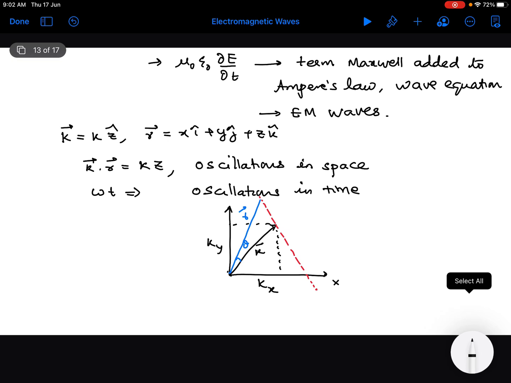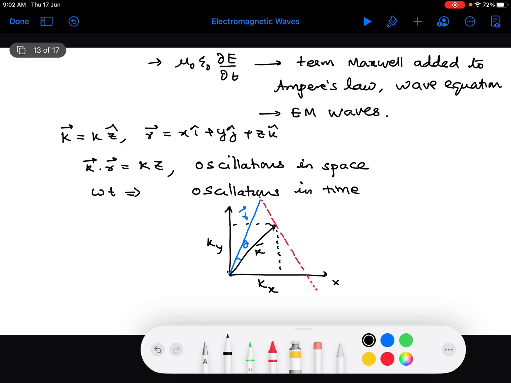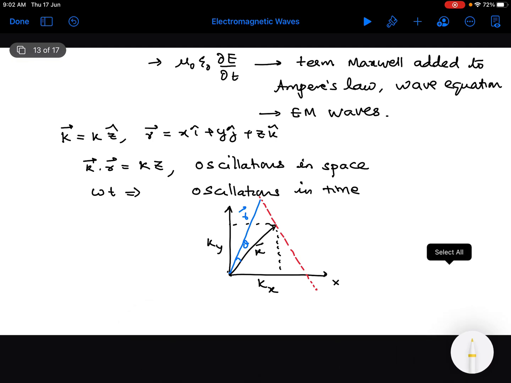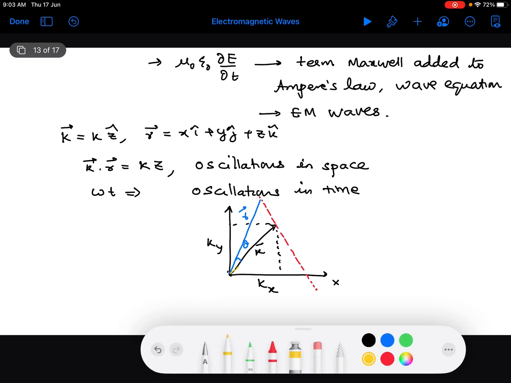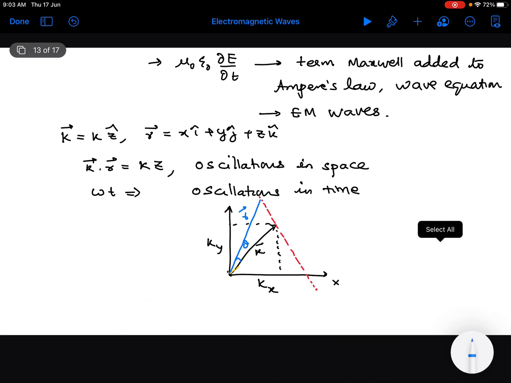So k dot r, now the projection of r onto k is r cos theta. So simply k dot r is k r cos theta. R cos theta is the component of r along k.